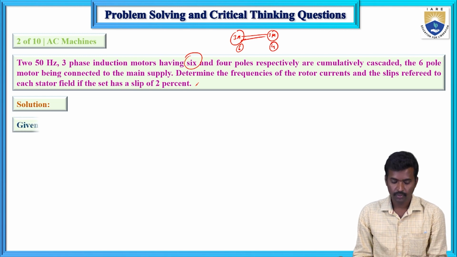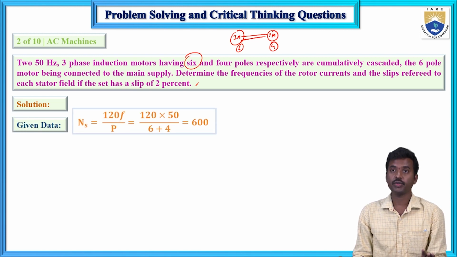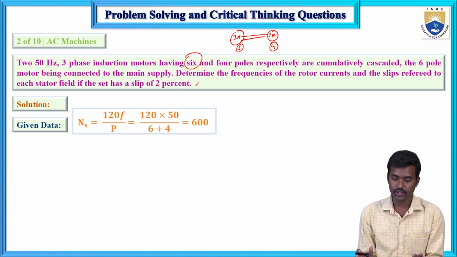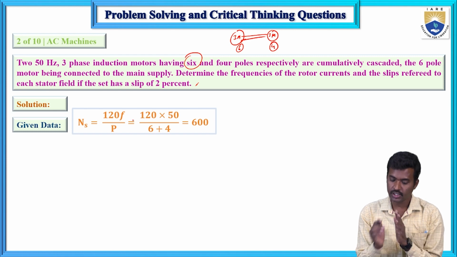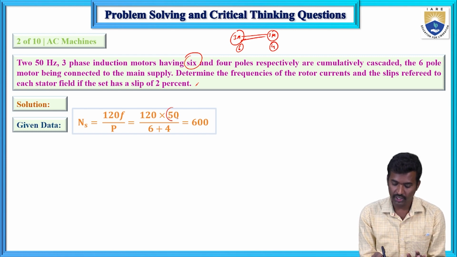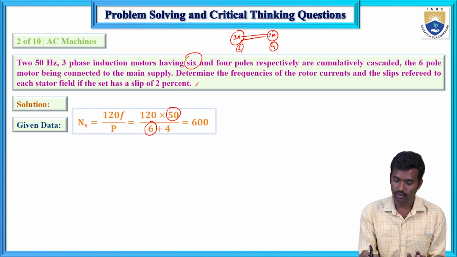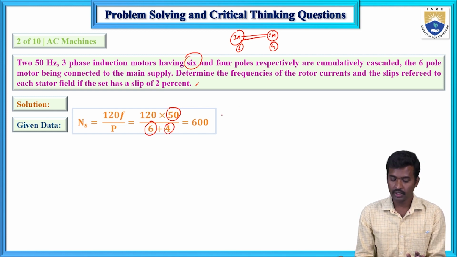Now the actual synchronous speed for this combination of the two, using the formula 120 F by P. The combination of these two machines indicates 6 plus 4 poles. So 120 times the frequency of 50 Hz, with the first induction motor having 6 poles and the second having 4 poles, total 10. 120 F by P with 6 plus 4 gives 600 rpm.